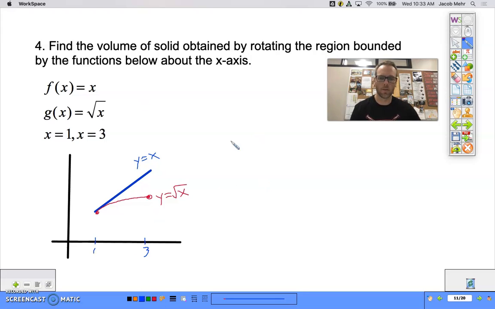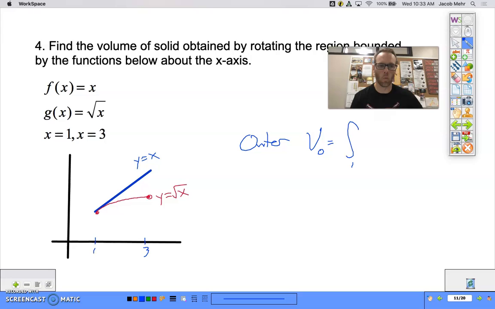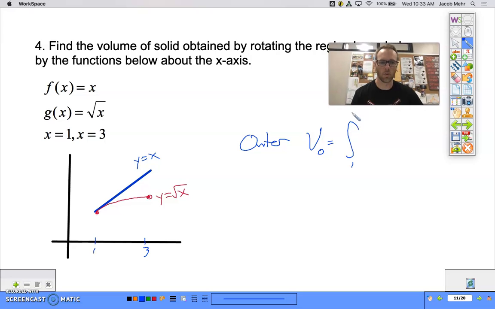So we'll call it the outer volume. I'll call it V sub O for outer, the integral from 1 to 3 of pi. What's my y value? My y value is x, pi x squared dx. So that's going to be pi times, I'm going to do two steps in one here.